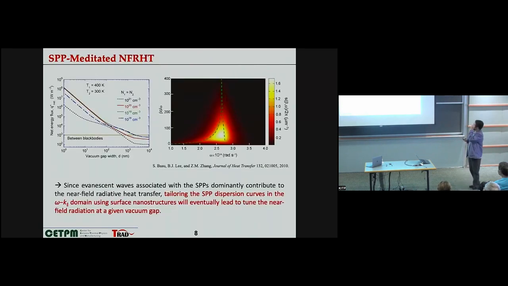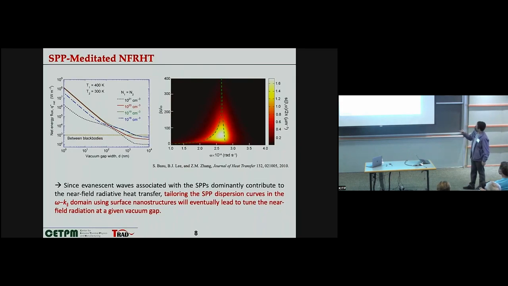So we think back to the basic theories, and we know that since the near field radiation involves tunneling of evanescent waves, if the materials support electric resonances like a surface plasmon or surface phonon polaritons, the evanescent wave associated with such resonances will be greatly amplified, and the near field heat transfer is dominated by such modes.